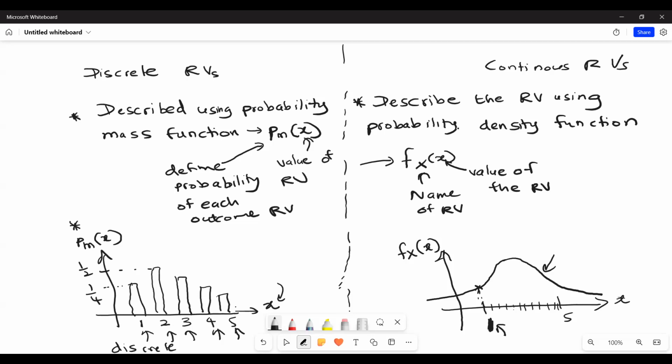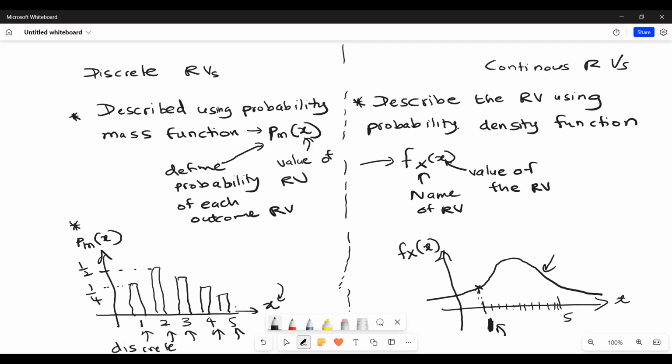The probability of getting 1 is actually 0. The probability of getting 5 is actually 0. The reason is that this is a continuous random variable. This is a continuous function. Because of that, in order to find the probability, we need to find the probability of getting a value within a certain range, right?